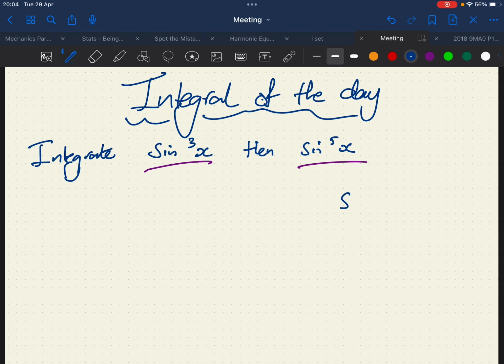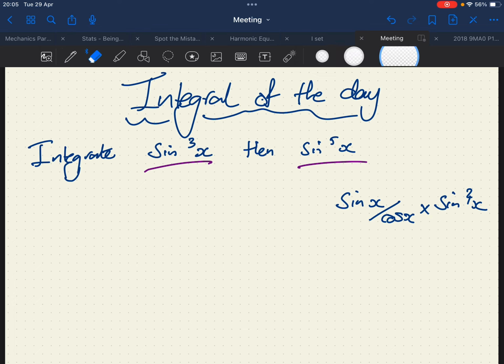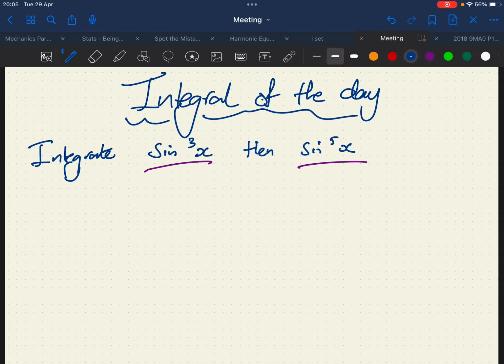Basically our strategy is going to be the following. We're going to write a sine or a cos on its own multiplied by something like a sine squared here or a sine to the power of 4 here, and that's going to be our way to make the same situation happen. So sine cubed we're going to write as sine x times sine squared x, as we said already.